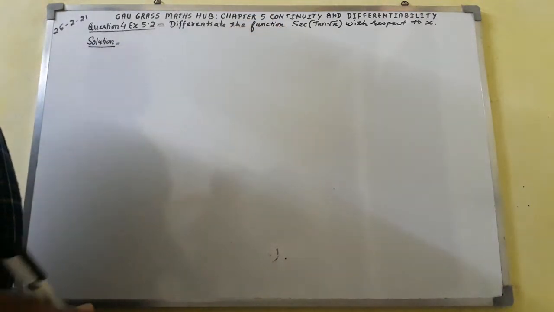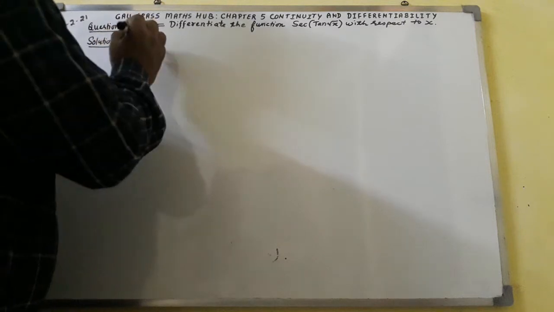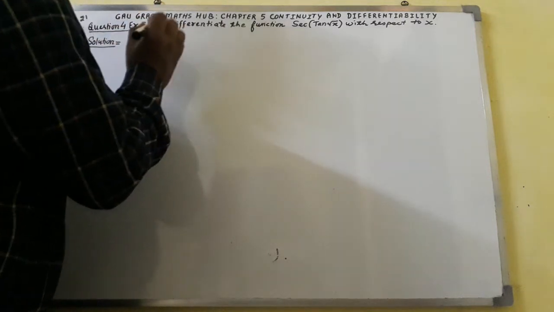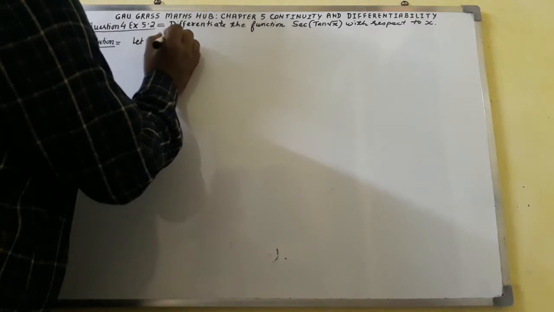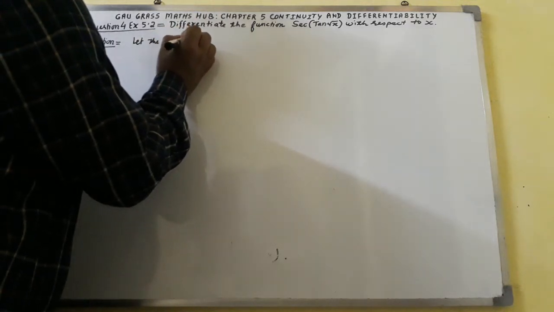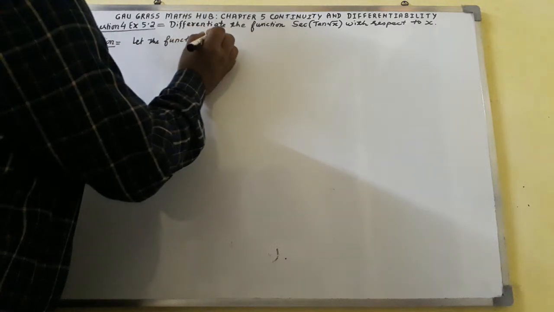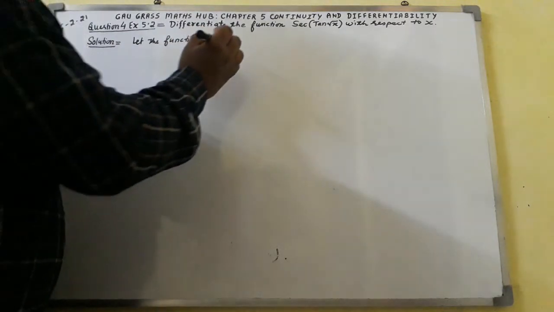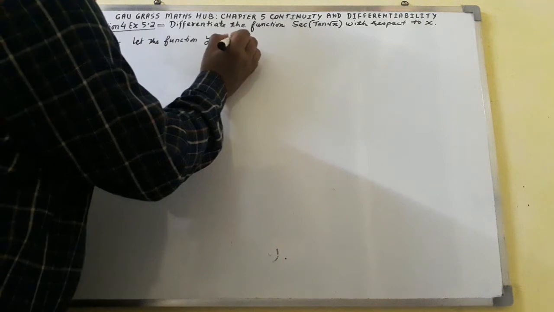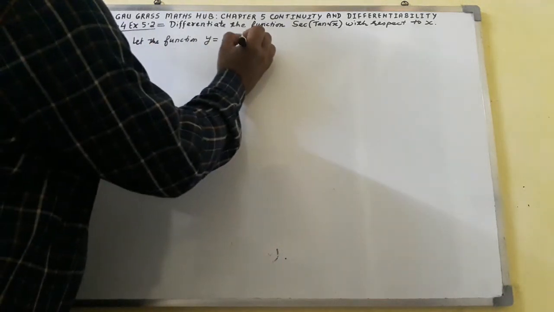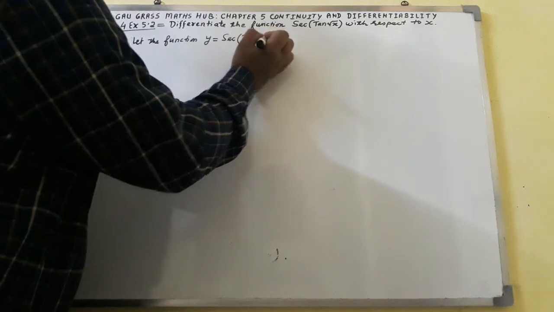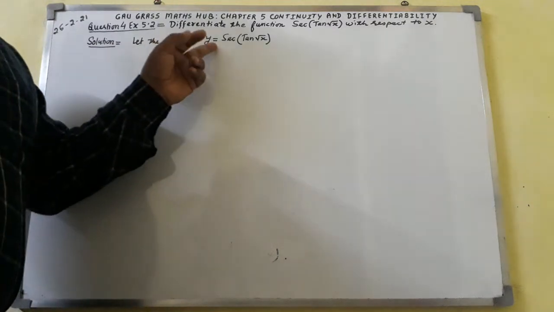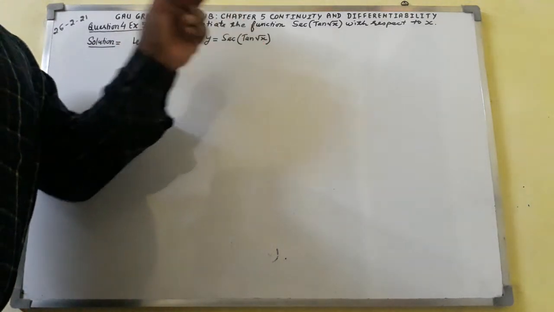That's why here I shall write, let the function y equal to sec(tan √x). So here the given function is y equal to sec tan √x.